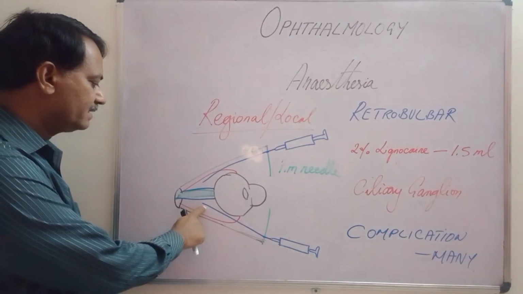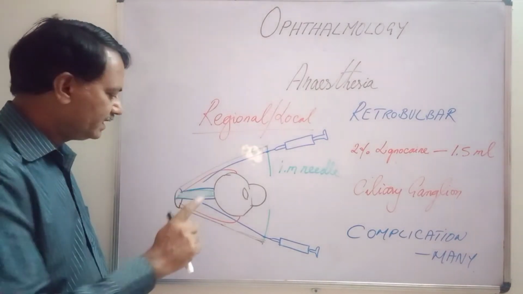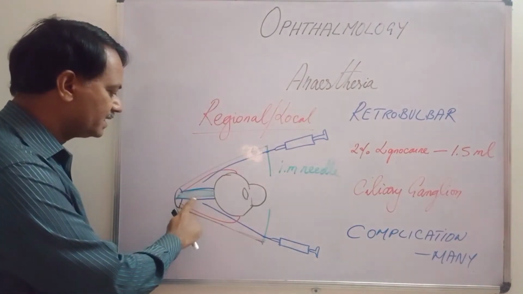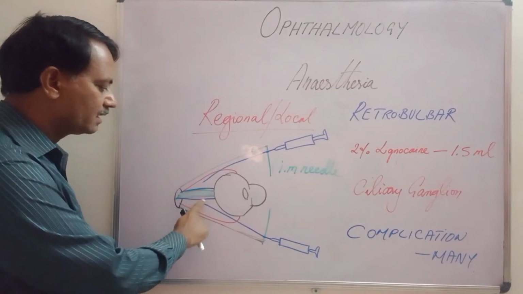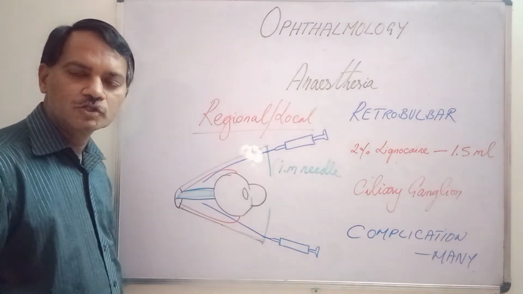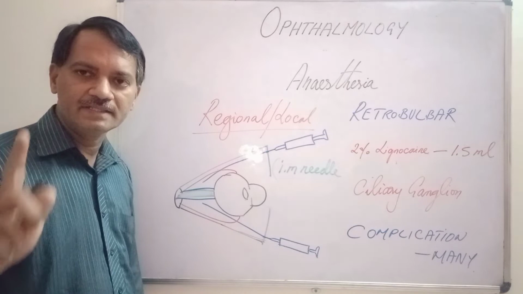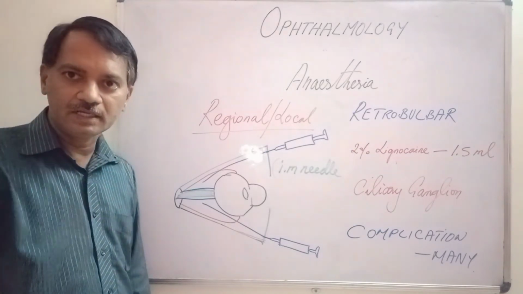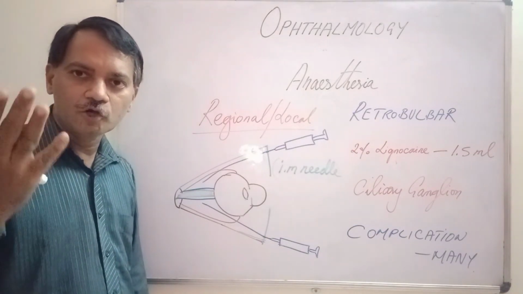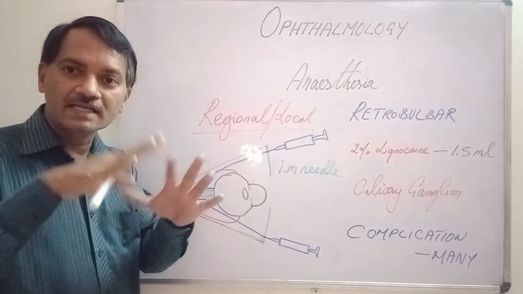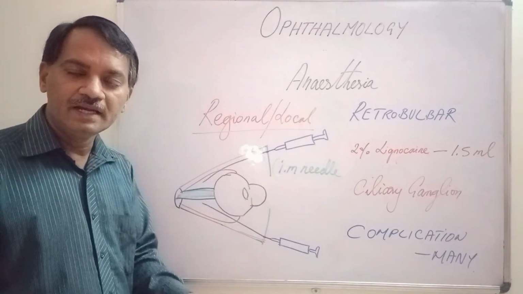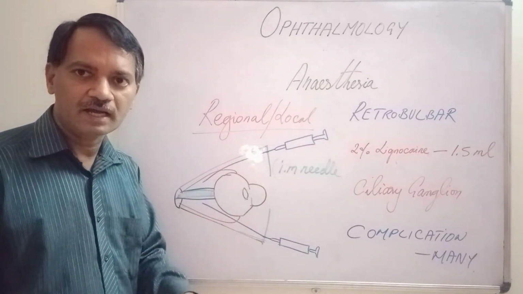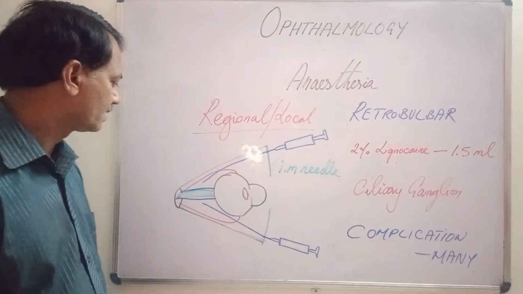You can inject the anesthetic agent into the subarachnoid space between the optic nerve and the meningeal sheath. What will happen? This anesthetic agent will spread around the brain. It will cause convulsions. It will anesthetize the brain, leading to a cardiogenic shock, and the patient may die.